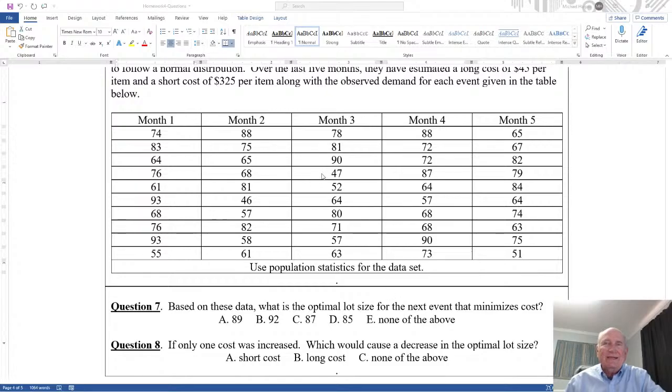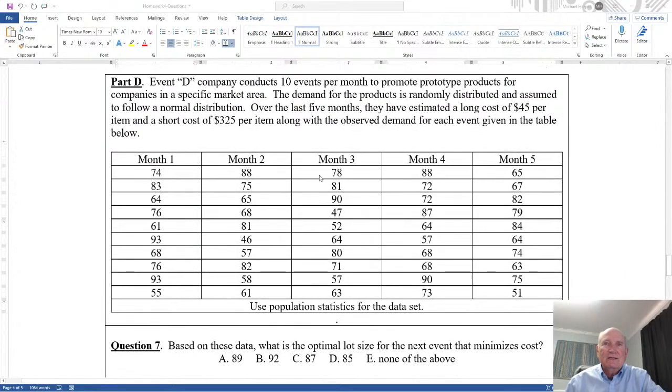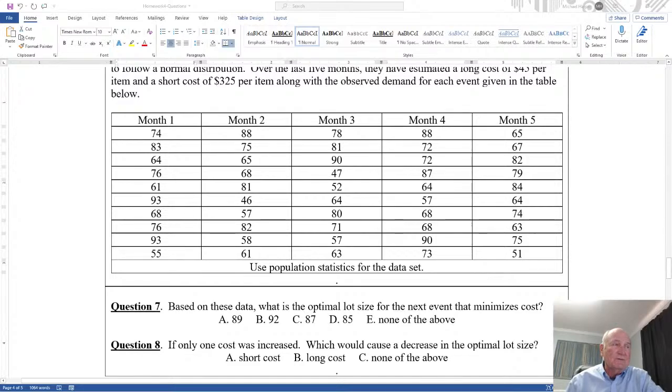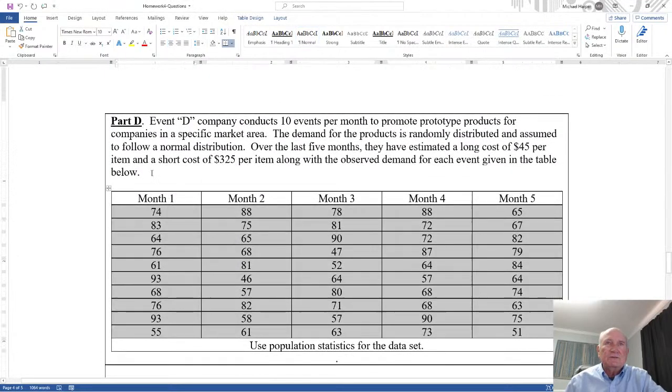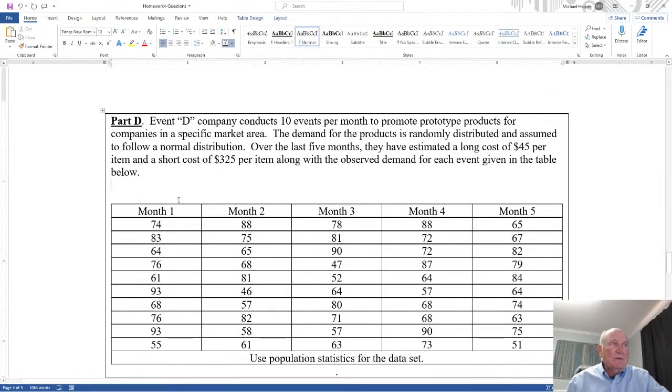So the idea here is you need to get, well, remember the equation for the single event. Let's bring them up here. Simply, just to recall, remember the alpha is going to equal the long cost divided by the long cost plus the short cost.